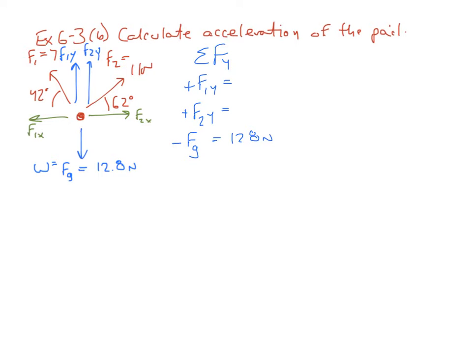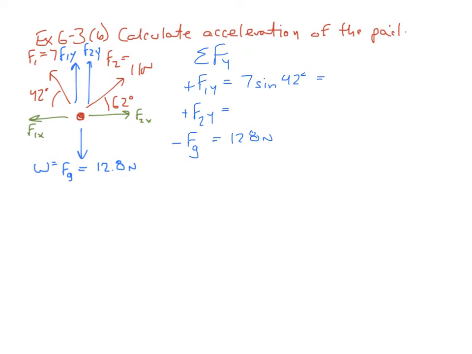Well, we have the full magnitudes and we have the angle right here. So to find the y component of a force based from the horizontal, for force 1, what's the magnitude? 7, and then we have a sine of what angle? 42 degrees, right? That's Jack's y component of his force. And while we're at it, we'll write down Jill's, and then we'll calculate them all at once.